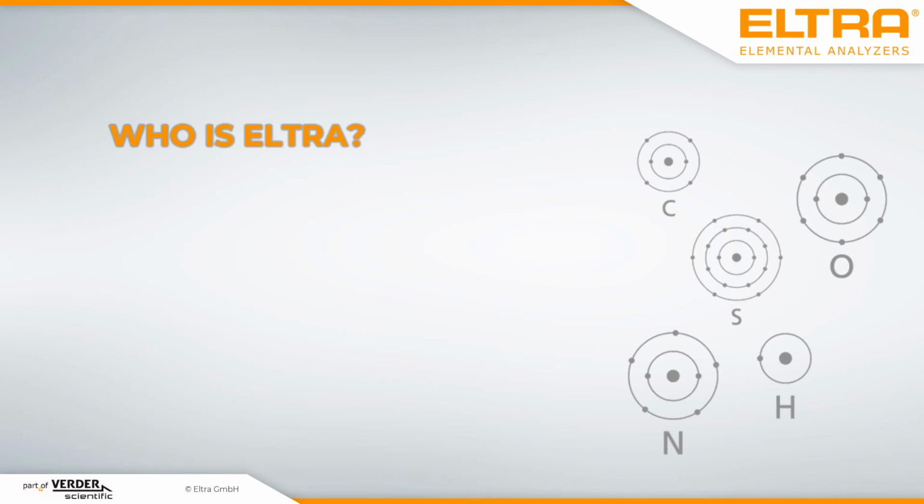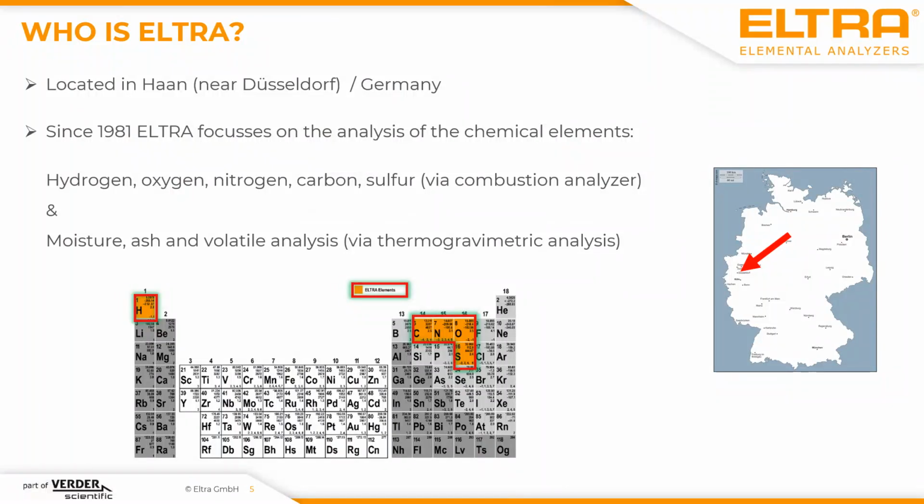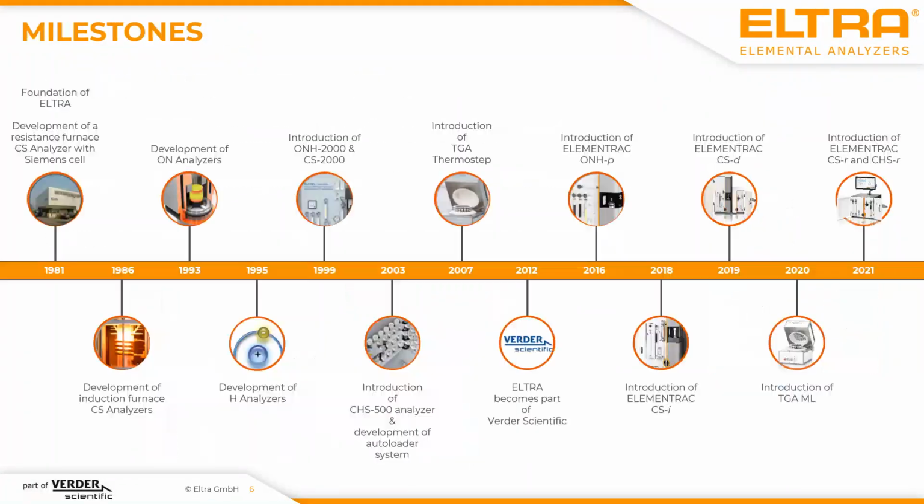First, I would like to give you a short introduction of ELTRA. ELTRA is located in Germany in a small city, Haan, which is near Düsseldorf. Since 1981, we are focused on the analysis of the light elements carbon, sulfur, oxygen, nitrogen, and hydrogen. And in addition, of course, we also have thermogravimetric analyzers. ELTRA started with carbon-sulfur analyzers in 1981.